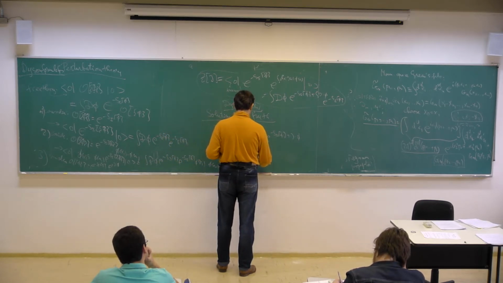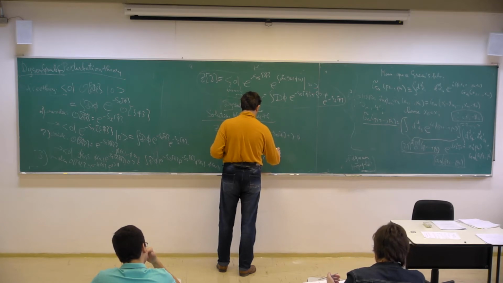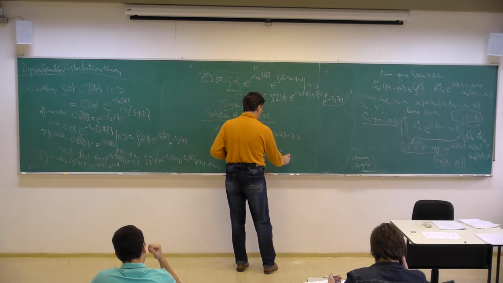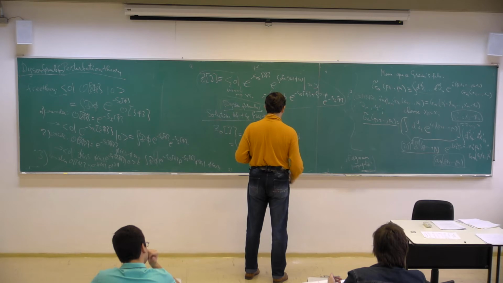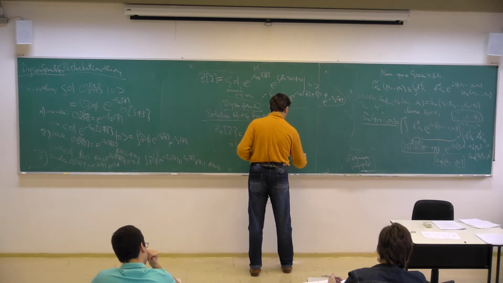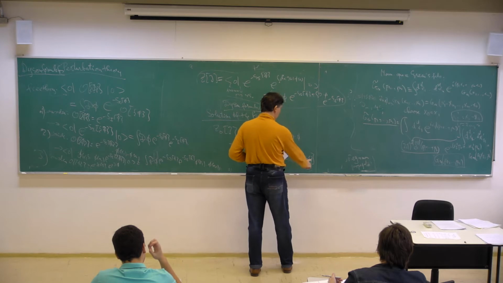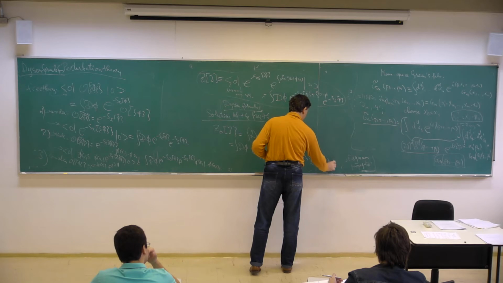So, exponent minus a half integral dx, and then let's write first (d_mu phi) squared plus m squared phi squared. This would be the quadratic piece, and then plus the integral dx J of x phi of x.